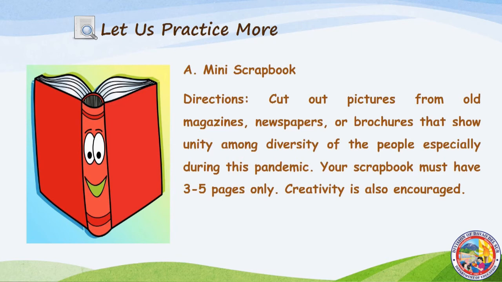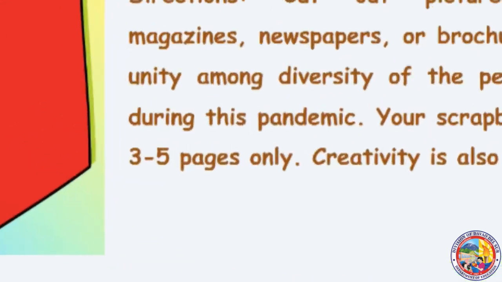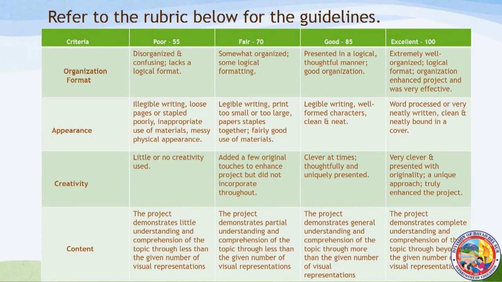Cut out pictures from old magazines, newspapers, or brochures that show unity among diversity of the people, especially during this pandemic. Your scrapbook must have 3 to 5 pages only. Creativity is also encouraged. In giving points to your mini scrapbook, you may refer to the rubric below for the guidelines.